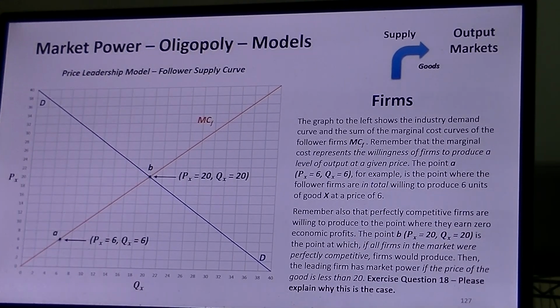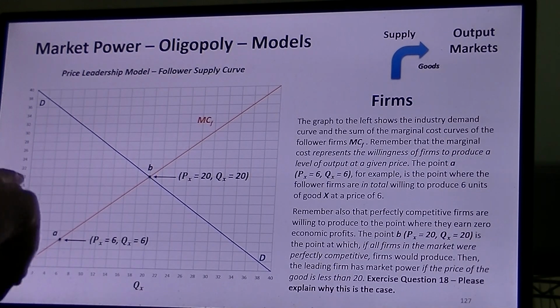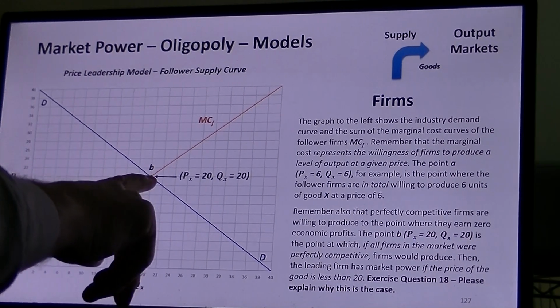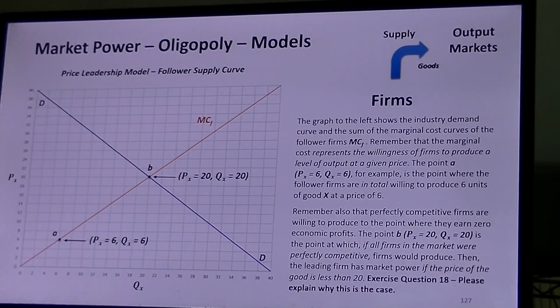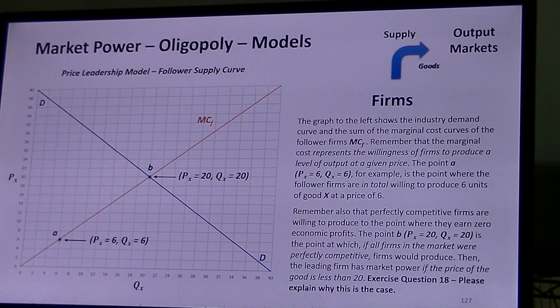So at that price, the marginal cost of production is 20 and the price is 20. Those firms earn zero economic profit, and that is the perfectly competitive outcome.